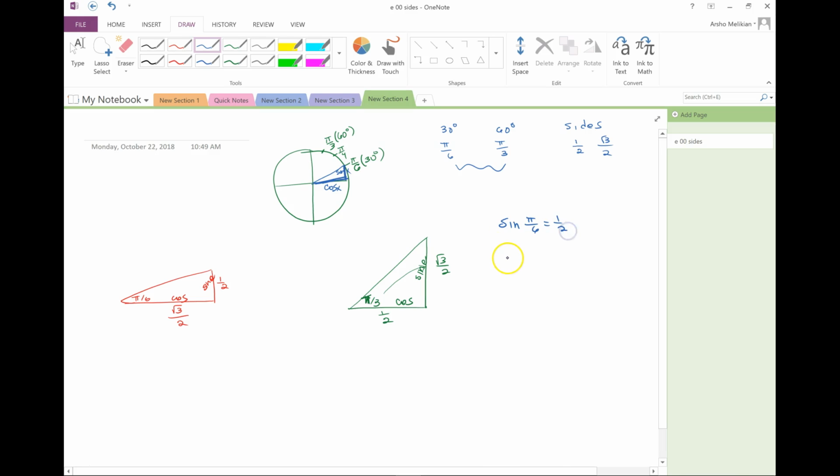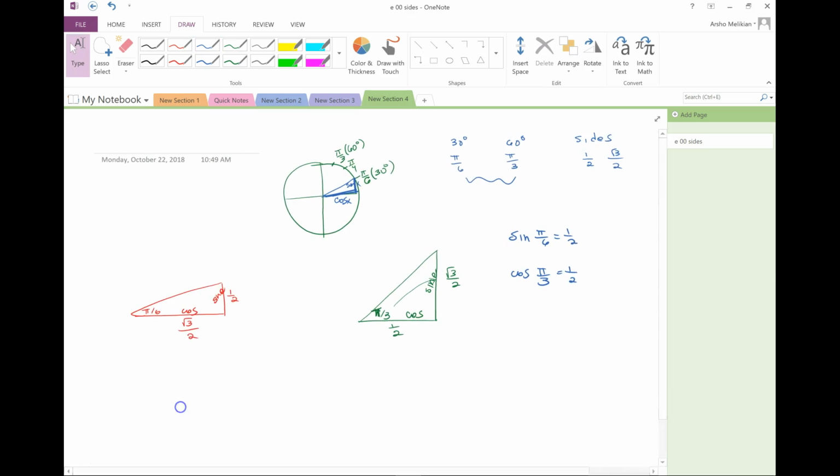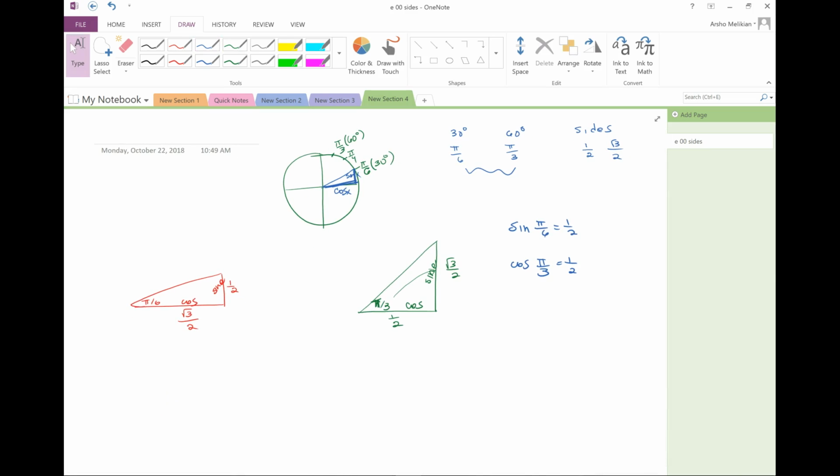So what if I were to ask you for the cosine of pi over 3? Here is my pi over 3 triangle. What would be the cosine? 1/2. If you can't come up with these on the fly, here are two triangles. Draw them somewhere and you can refer to them every single time.